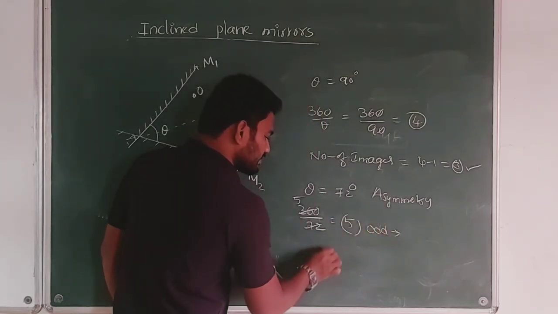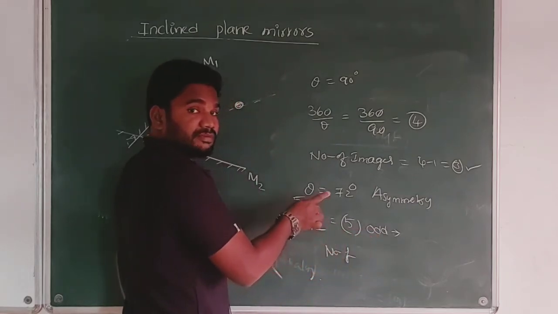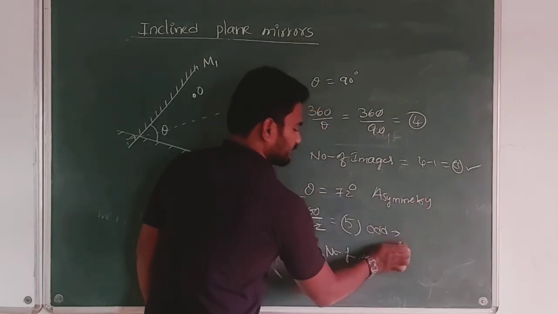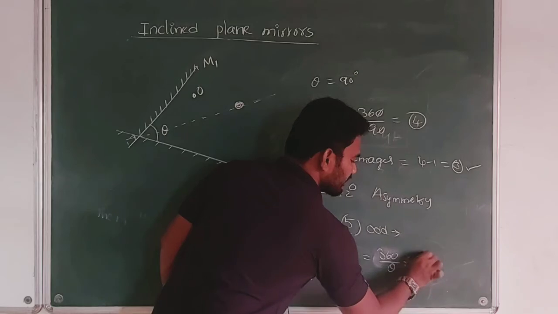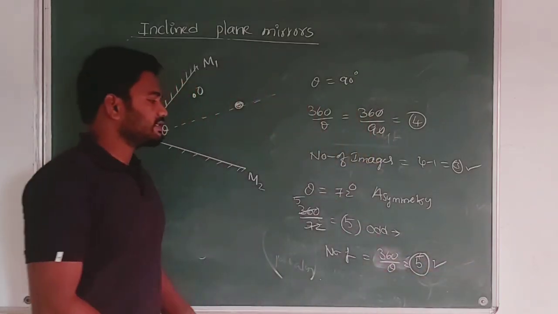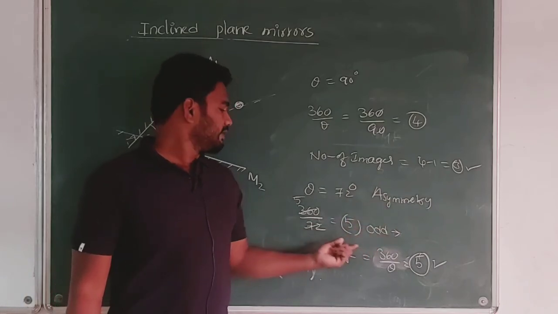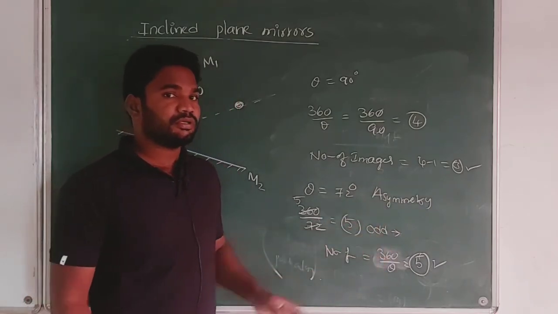So for asymmetry with an odd number, the number of images is as it is, 5 only. That means 360 by theta is the answer, nothing but 5. Suppose it is placed on the symmetrical line, then 5 minus 1 is the answer, that is 4. Are you getting my point?